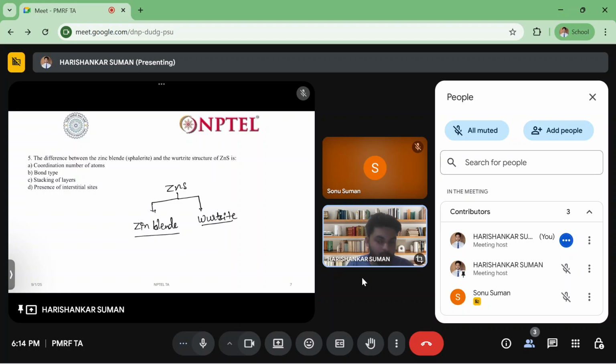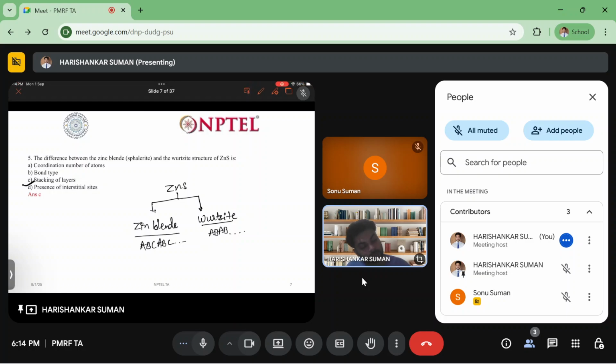These are two types of structure. We have already seen this is AB, and zinc blende has another type, which we discussed in the last class. So stacking of layers. This is ABC, ABC. Clear?